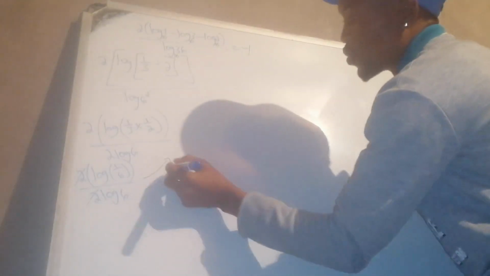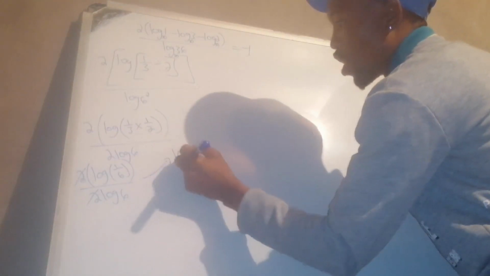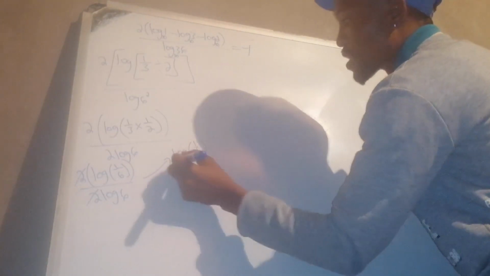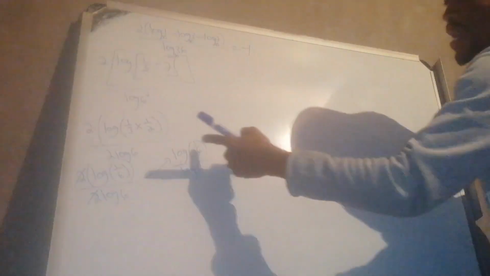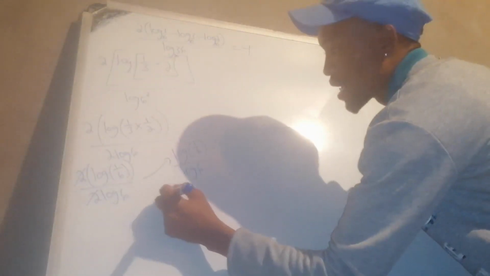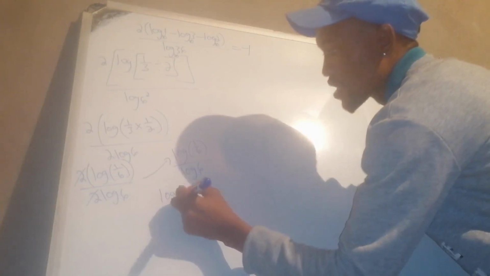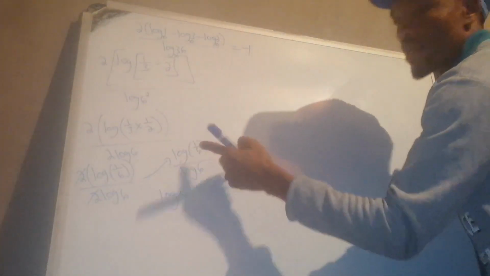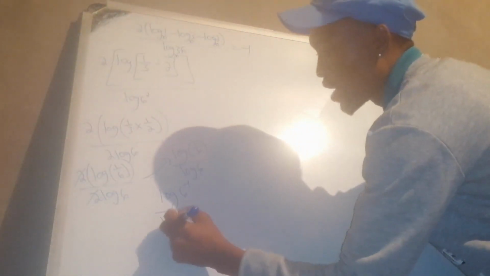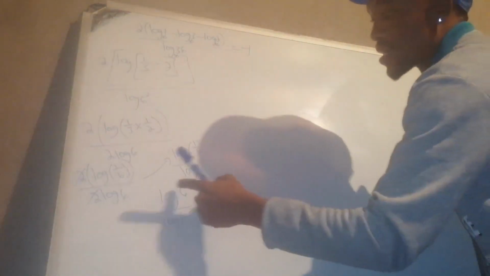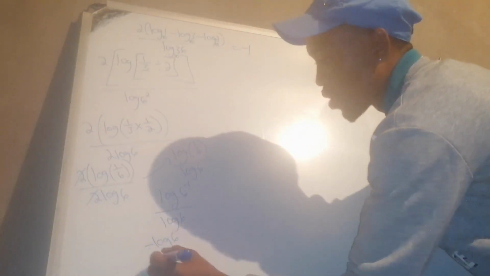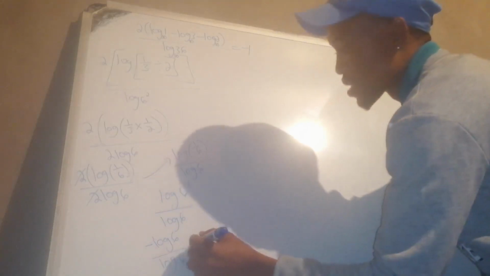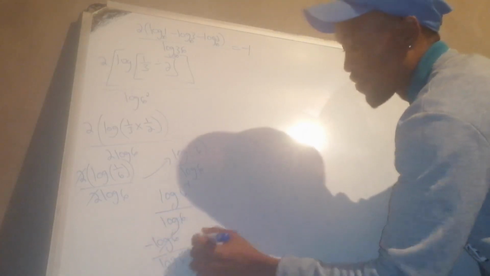You are left with log 1 over 6 divided by log 6. This I can rewrite as log 6 to the power minus 1 all over log 6. Take this to the other side, negative log 6 all over log 6, with an answer of negative 1.